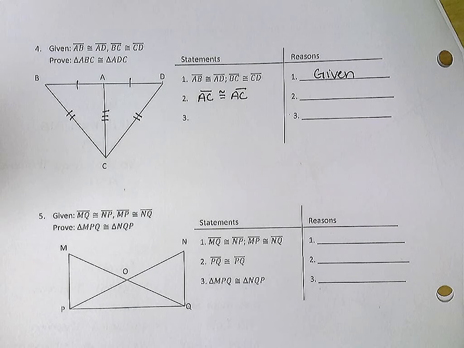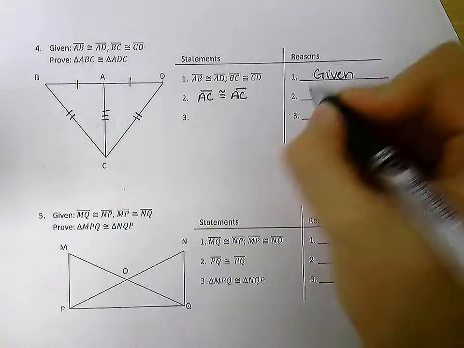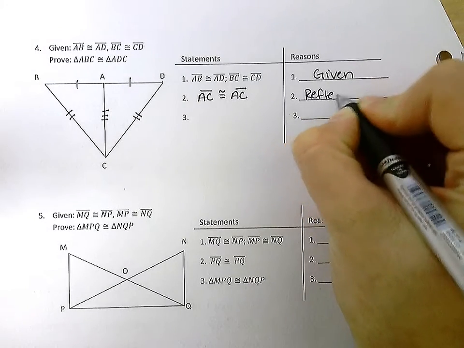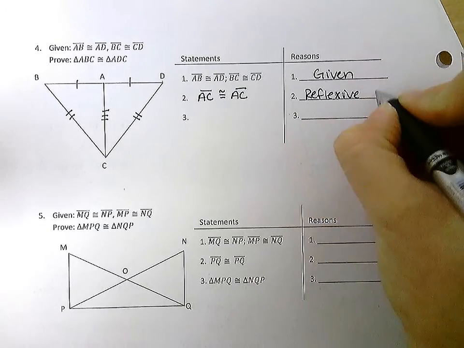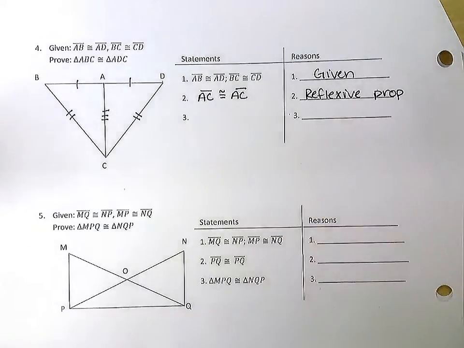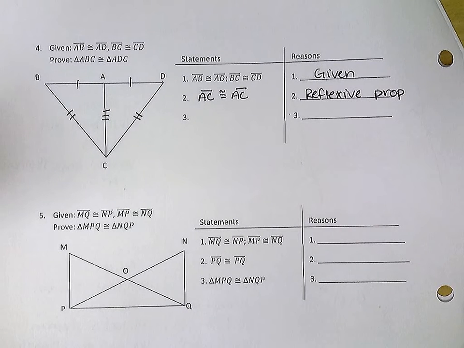Now, which one of your properties says it's equal to itself? That is the reflexive property. Okay, so use that reflexive property if something's equal to itself.